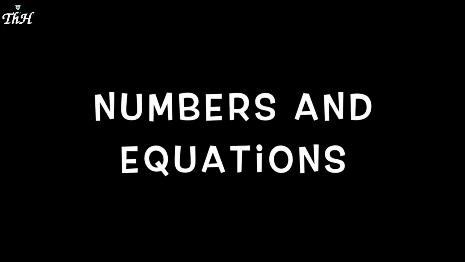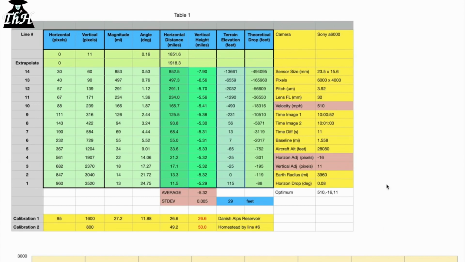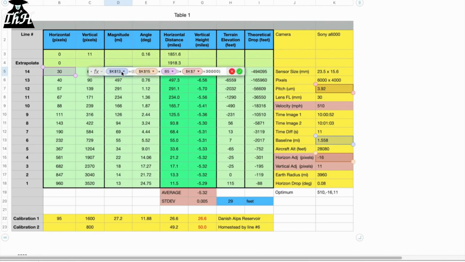Now let's have a look at those gory details, numbers and equations. So here's my spreadsheet. I've entered the horizontal and the vertical pixels there, and then I can calculate a magnitude in miles, and there's my equation. K13 on the right is the baseline distance, from the time.